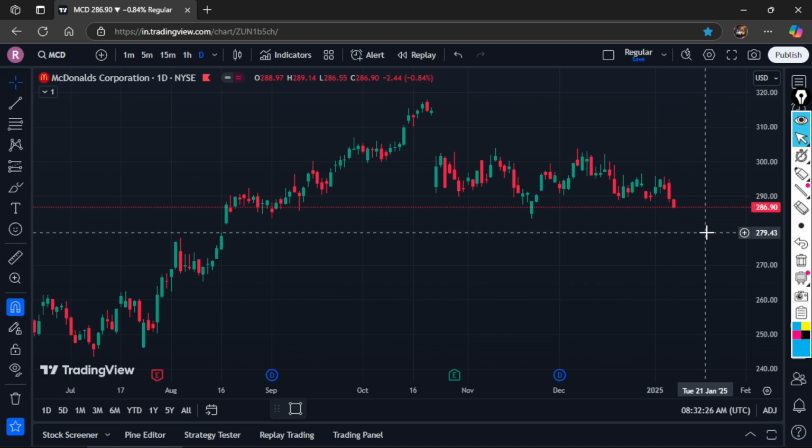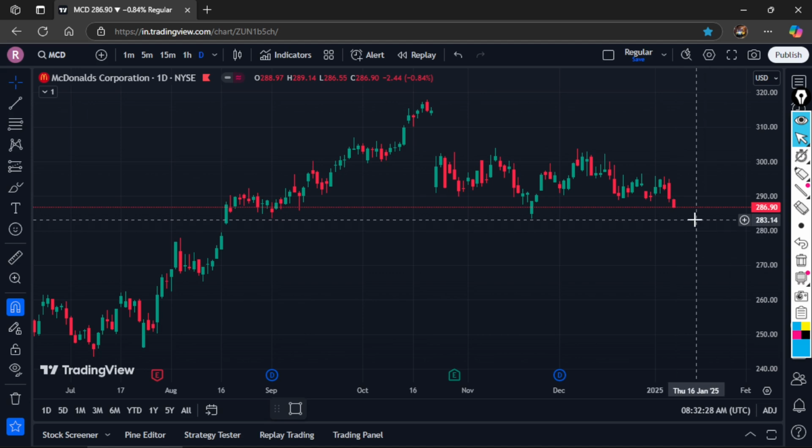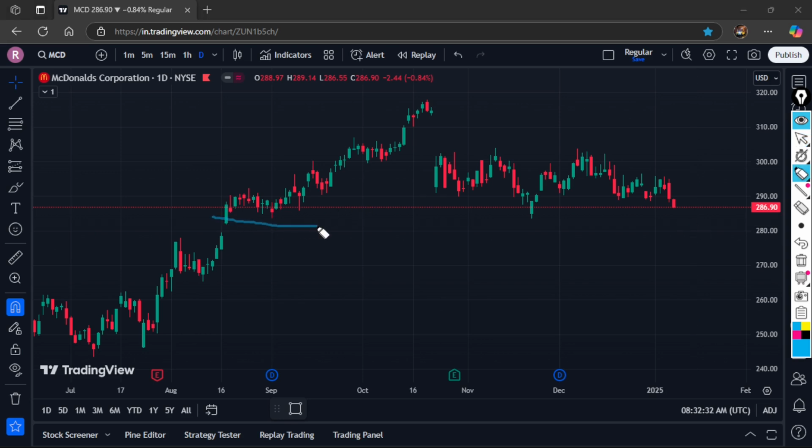Next is MCD. Here in MCD also, if we see the supply zone, the support zone was here, it has been touched multiple times, but what happened is the selling pressure started from this level. The sellers tried to sell from this level, so the people who sold at this level will be in profit.